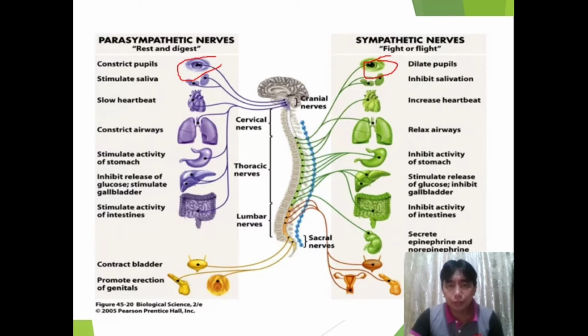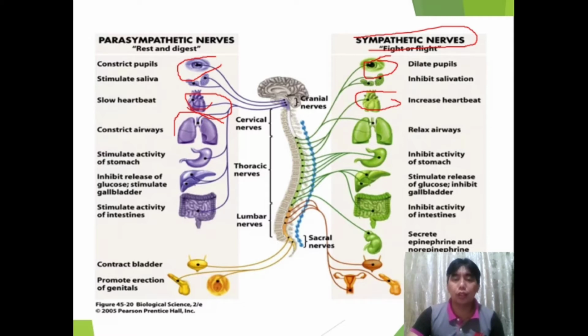Let me show you another one. The heart also. So in our heart we see the parasympathetic, and then we also see the sympathetic nerves. So how does this work as far as lie detection is concerned?